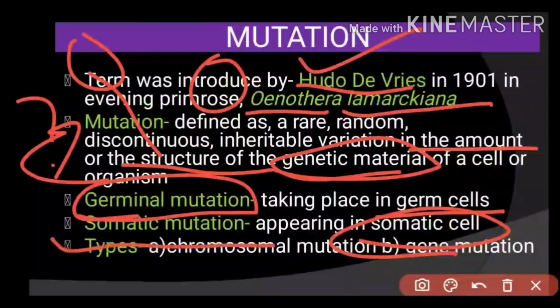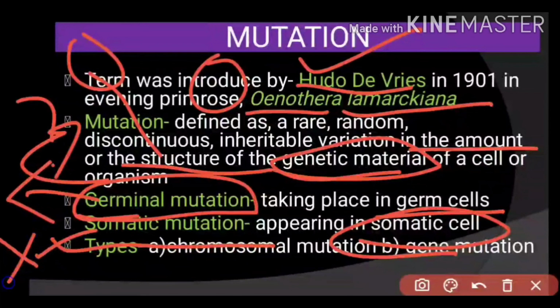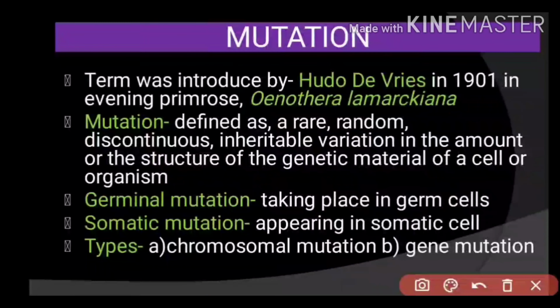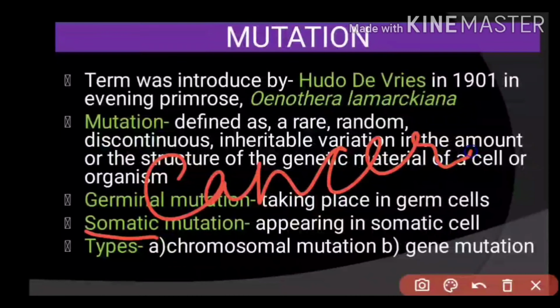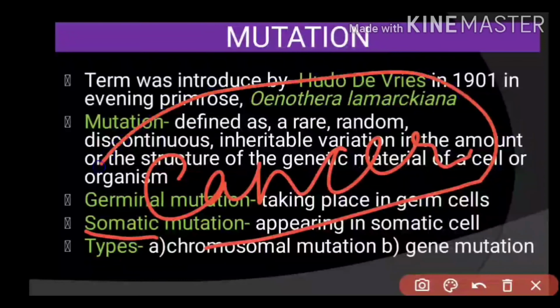Germinal mutation can be inherited to the next generation, but somatic cannot. Germinal can be inherited because it is taking place in the gametes. Somatic, like cancer, cannot be inherited to the next generation because this is taking place in the somatic cell. Okay, it is clear.